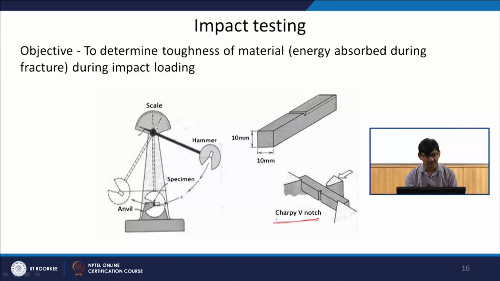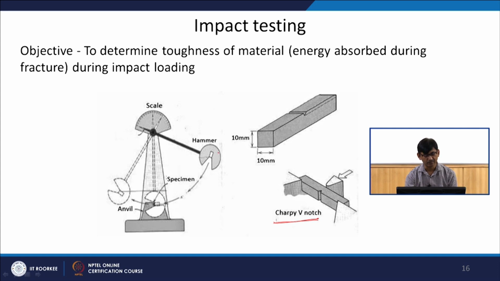To do the test, a very simple apparatus is used. You have a heavy hammer, and you take it to a certain height. Now it has some potential energy, and then you release it so that it takes a swing.